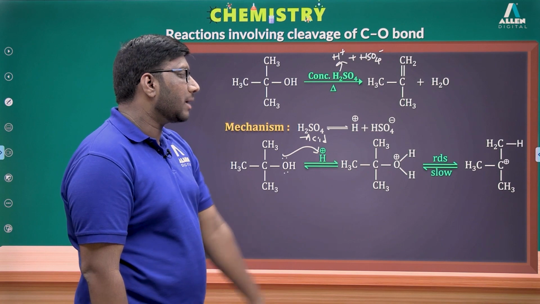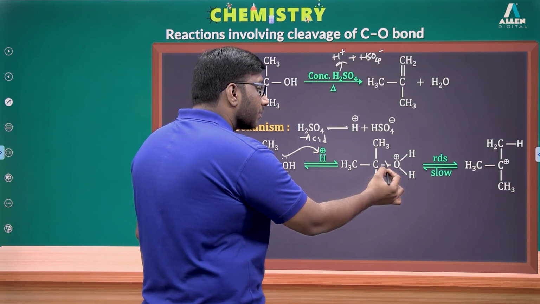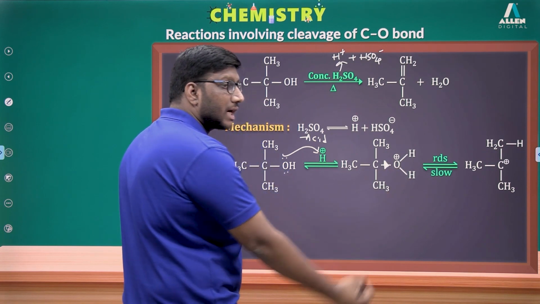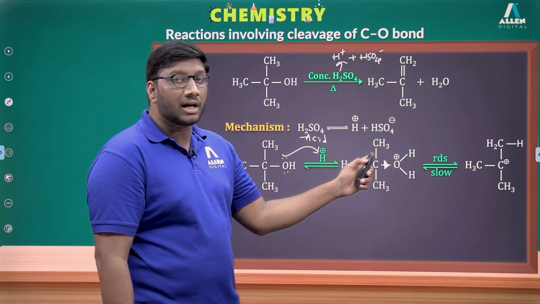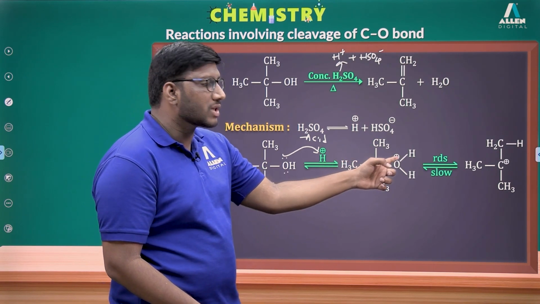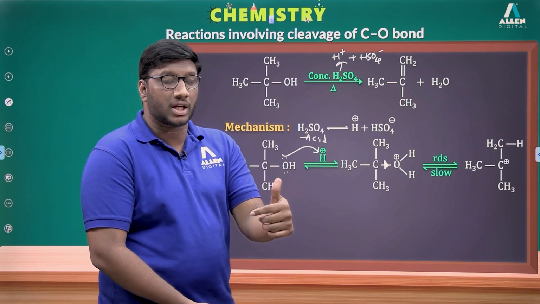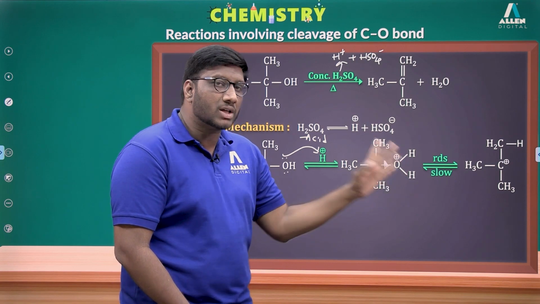In step 2, what happens? The positive charge on oxygen is not stable, because oxygen is more electronegative. The electronegative atom attracts the shared electron density. So electron density wants to move towards oxygen now. Which electron density? The electron density in the C-O bond is moving towards oxygen.